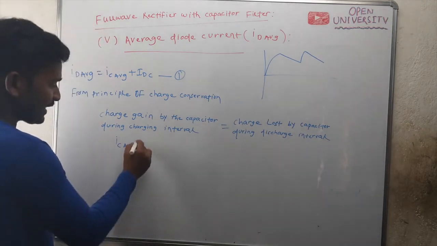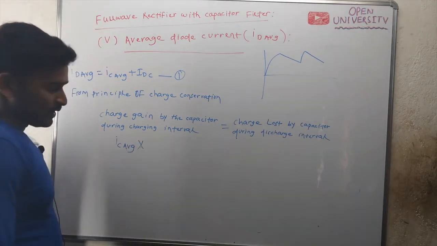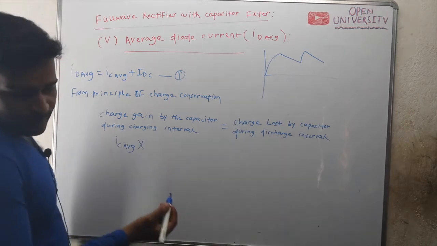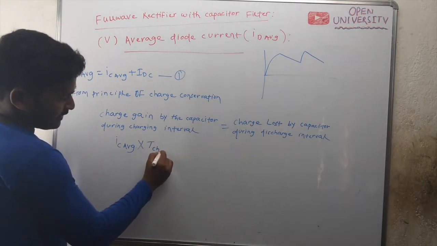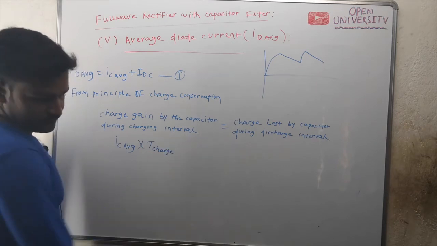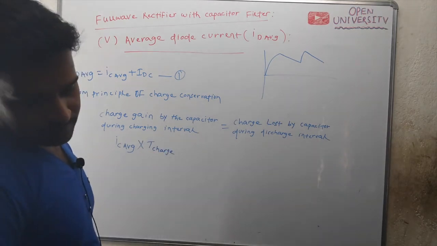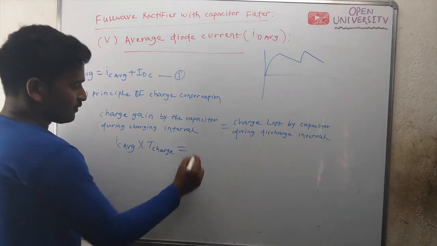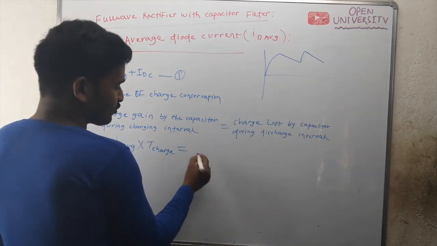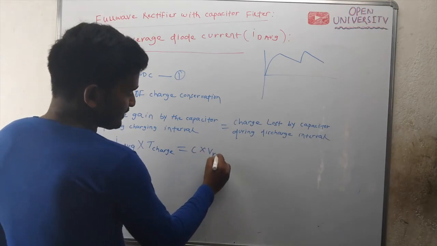So Q equals I into T, where T is the charging interval, T charge. This equals the charge lost by the capacitor: Q equals C into V, C into VR.